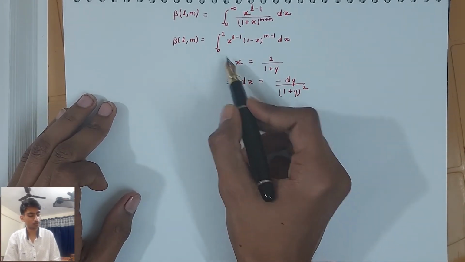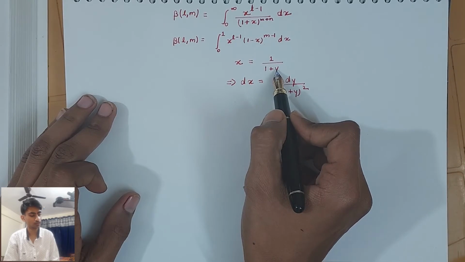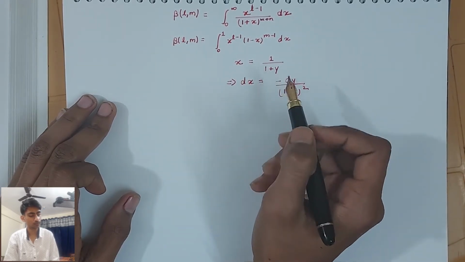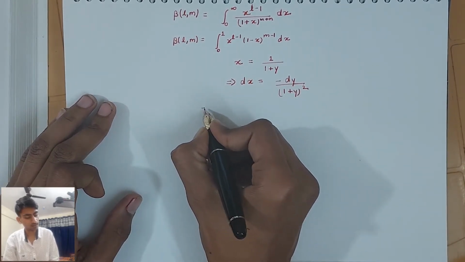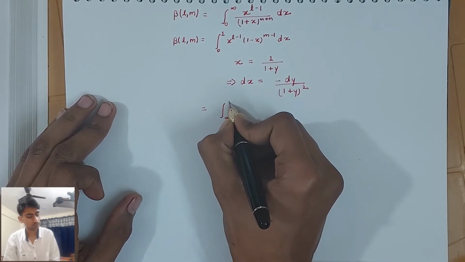And if x is 0, that means y must be infinity, and if x is 1, that means y must be 0. So limits would be from infinity to 0.